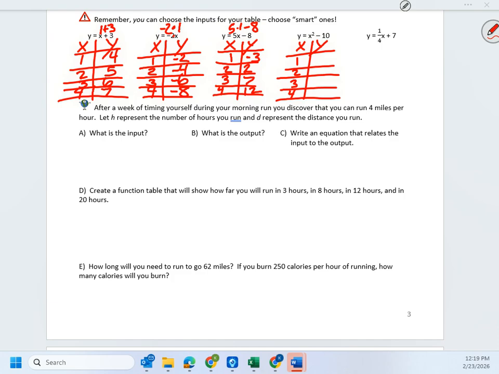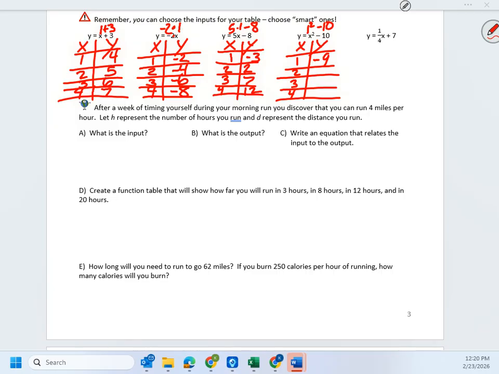We can do that math. If I put the 1 in, so that's saying 1 squared minus 10. What would I get, Henry? Negative 9. Because 1 squared is 1. 1 minus 10 is negative 9.